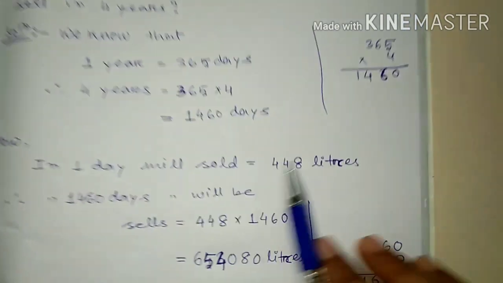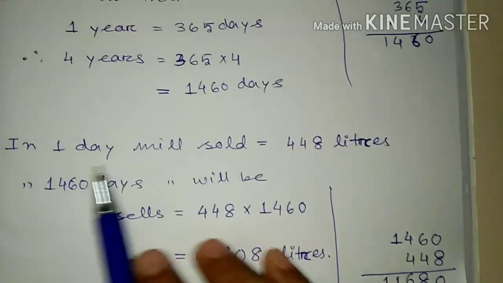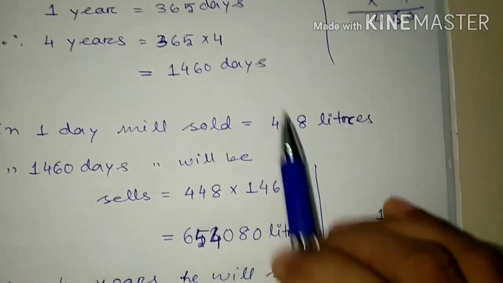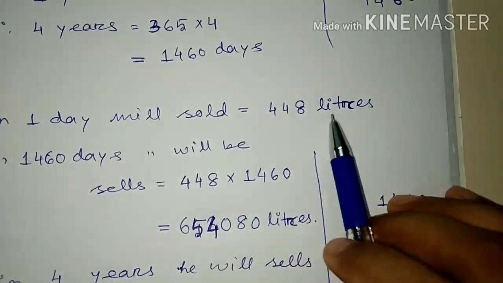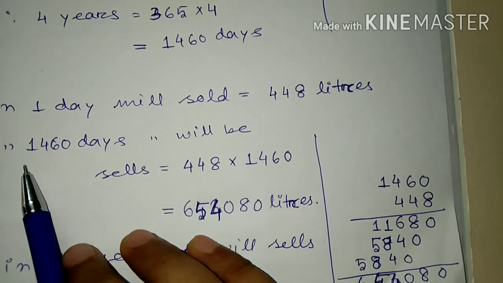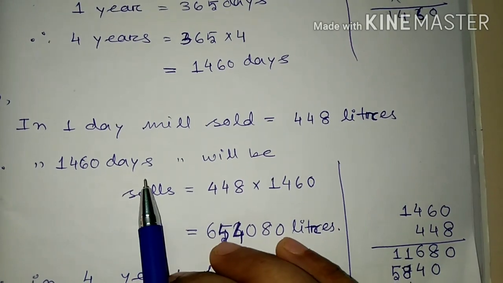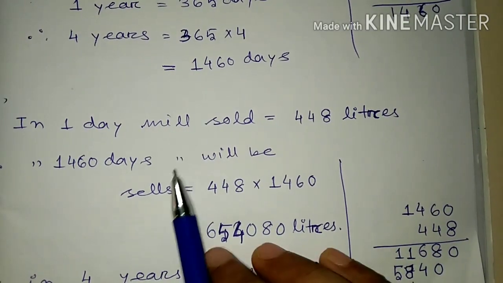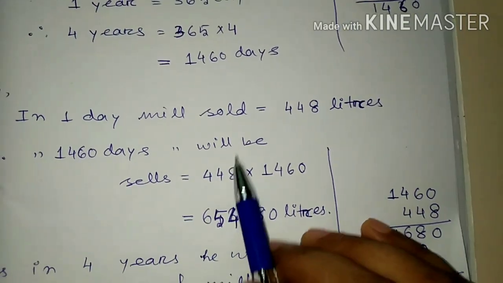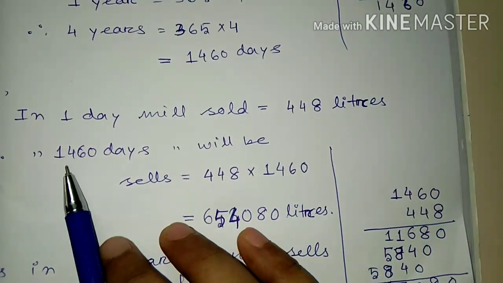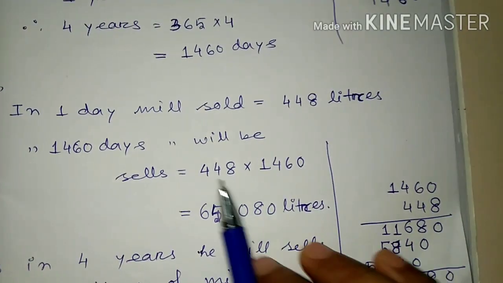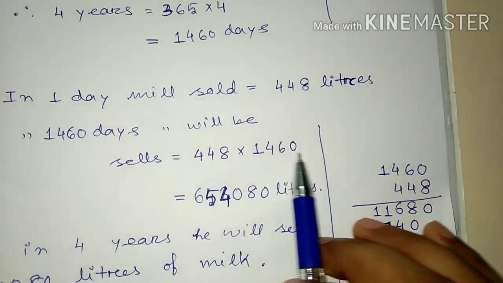So in 1460 days he will sell how much milk? So you have to multiply this 448 into 1460.